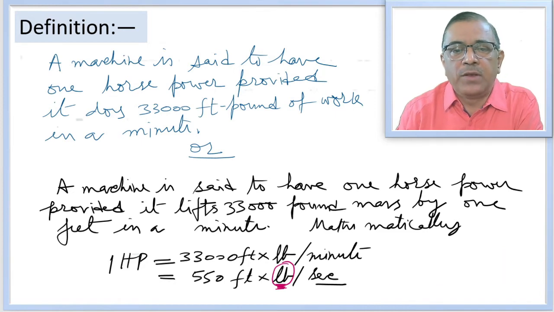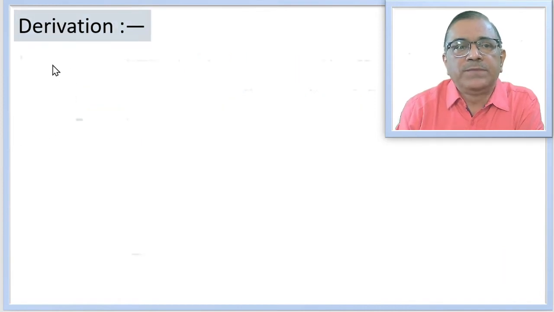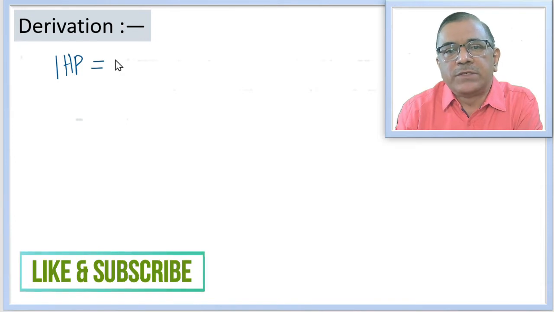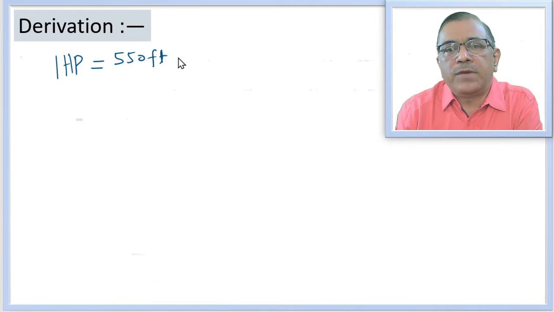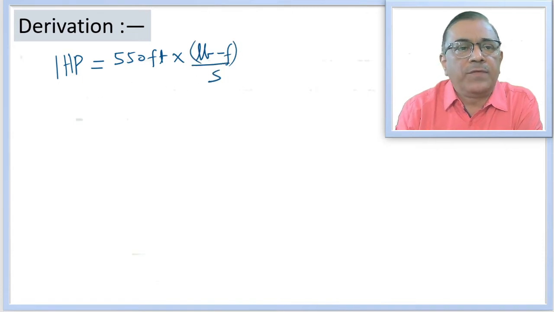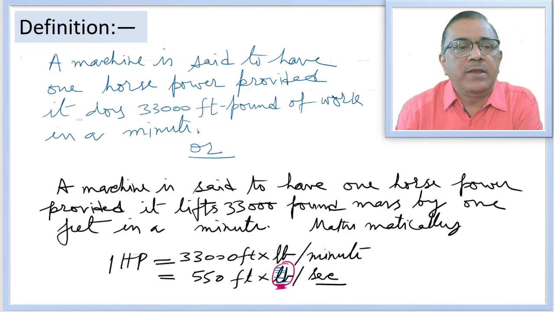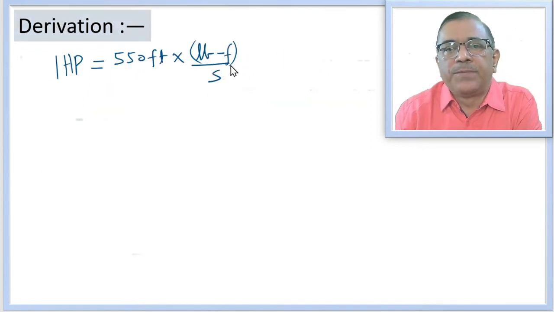As per definition, 1 horsepower, using the British Engineering unit system now, is 550 feet multiplied by pound force per second. Let me show this again: this is 550 feet and this is pound, and this pound has been written in terms of pound force. Is that okay? Now the conversion, next part.